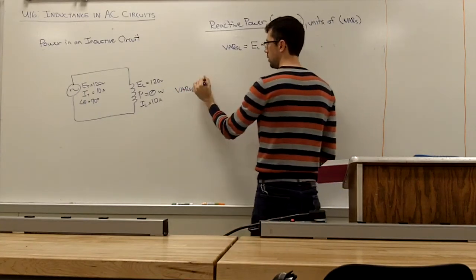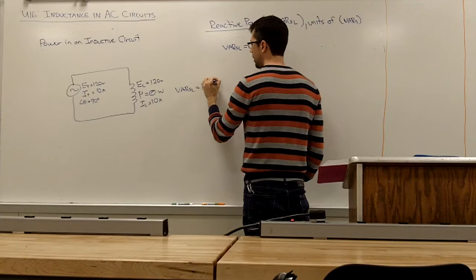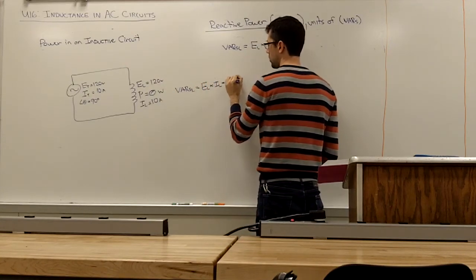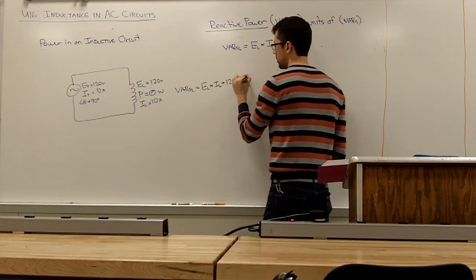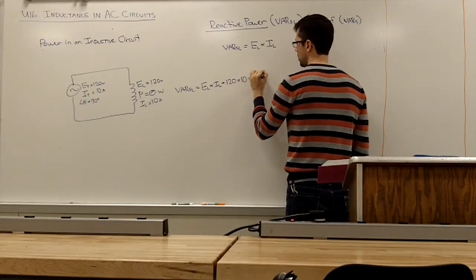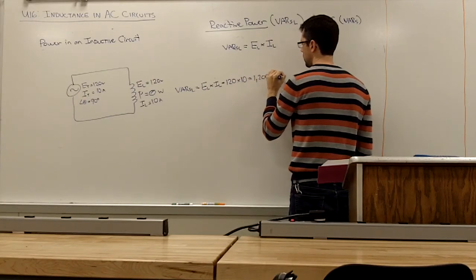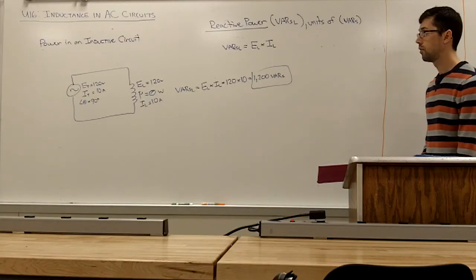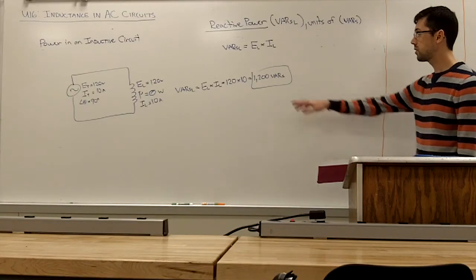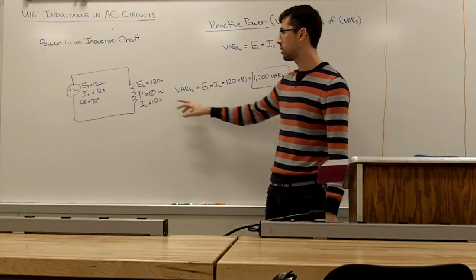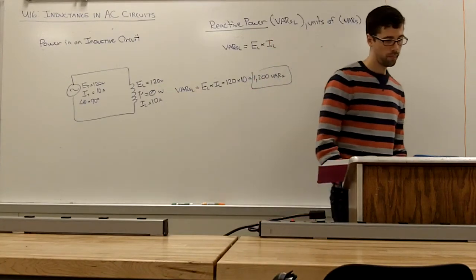It's going to be EL times IL. So EL is 120 volts times 10 amps. That's going to give us 1,200 VARs of reactive power for our inductor. So it has 1,200 reactive VARs, or reactive power, but it has 0 true power.